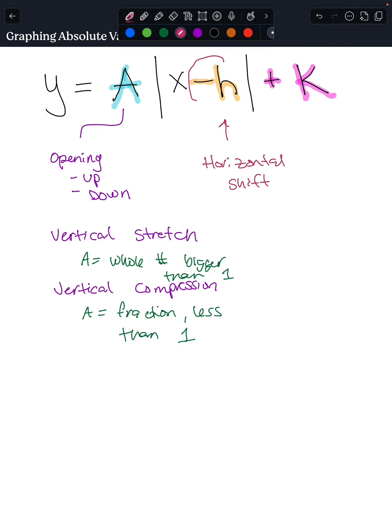Whatever's right here, you typically do the opposite. But a safer thing to say is your H is always whatever makes this whole thing 0.